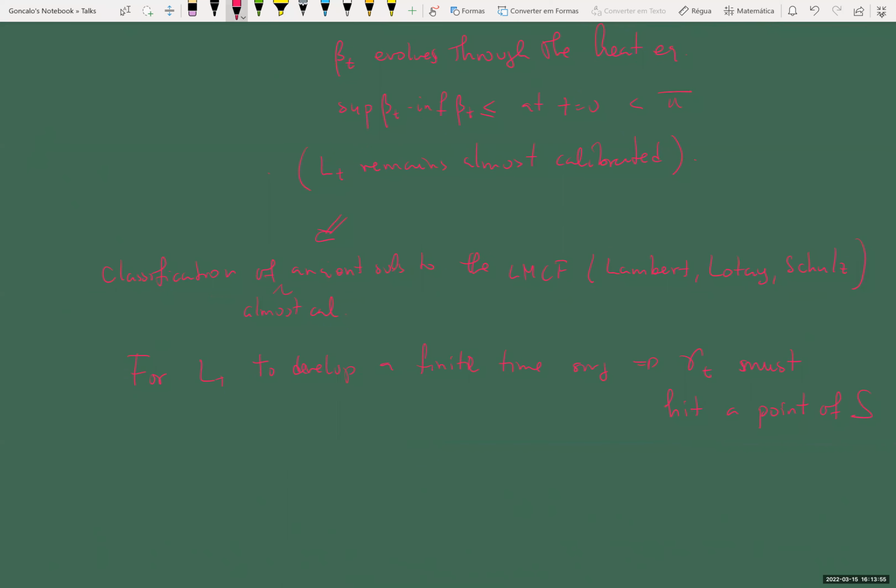But that would destabilize gamma. That would destabilize L_t, and so it is impossible because you are assuming this flow stability. Remember, so this means that no finite time singularity.